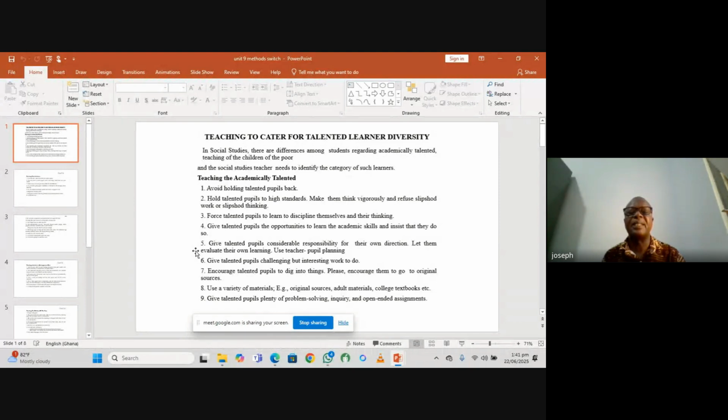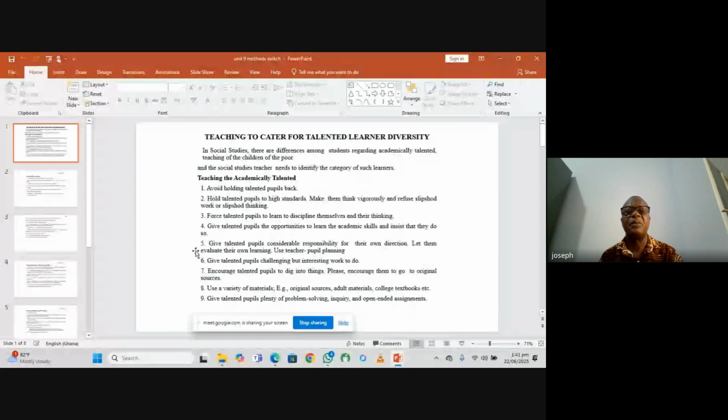Use a variety of materials, e.g. original sources, adult material, college textbook, and other books that will help to put them on their toes. Let them use those materials. Don't let them use the materials that are below them.